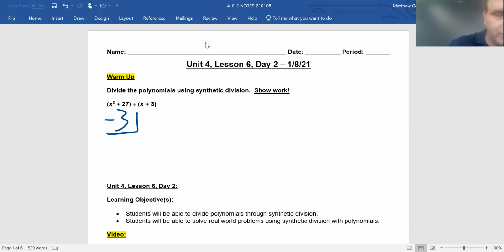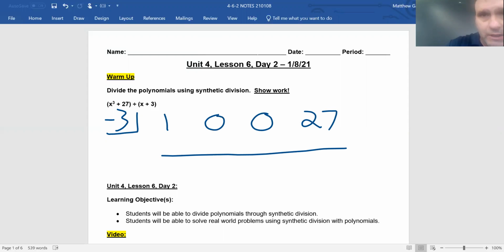We're going to do some problems today with 2 excluded values. We'll look at those in examples 3 and 4. And then your dividend is 1x cubed, and then you skip all the way to 27. So you need a 0 for x squared and a 0 for x. Complete this, and I'll be back to go over it.